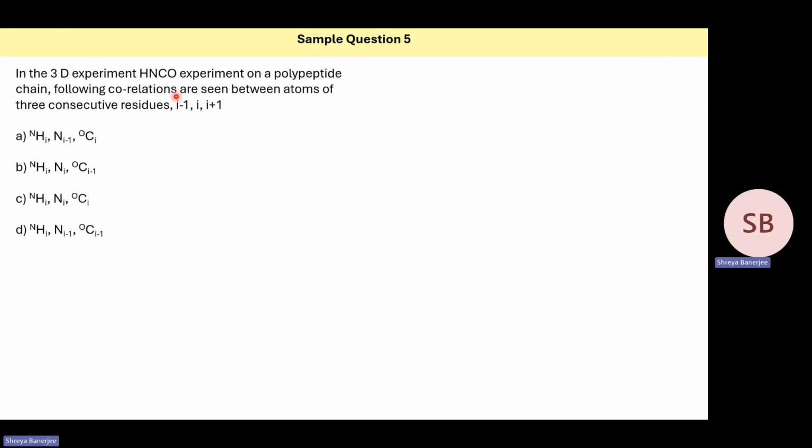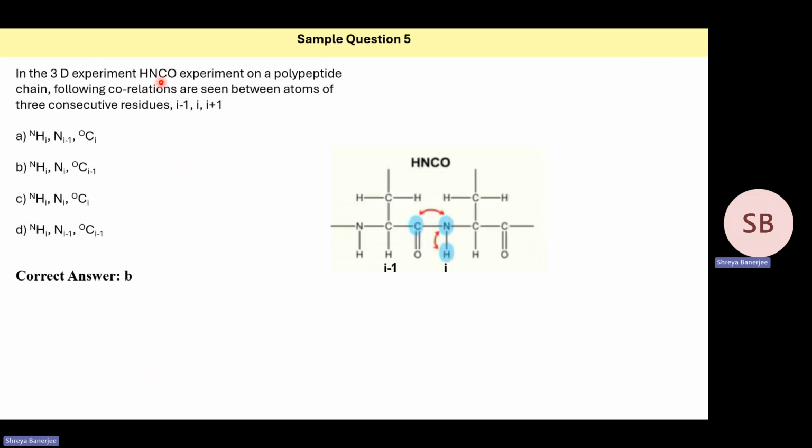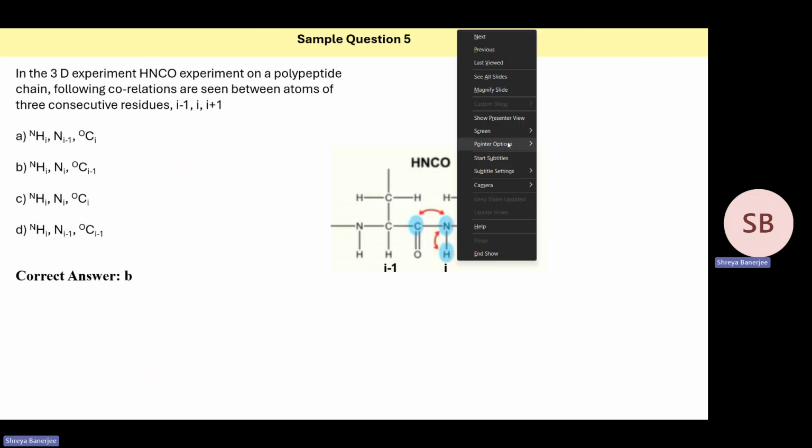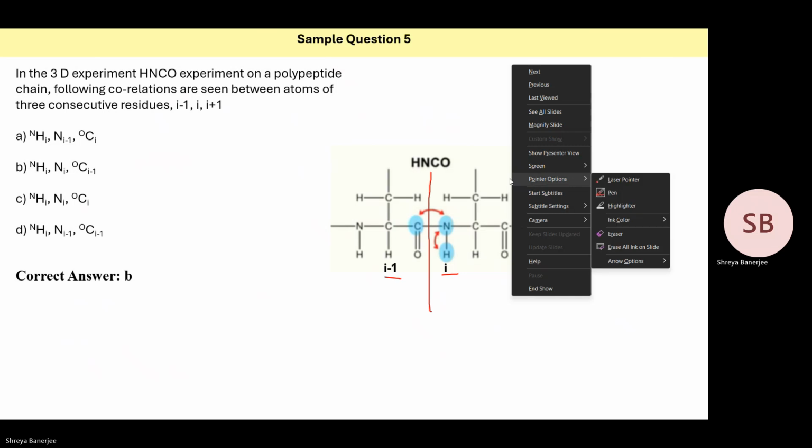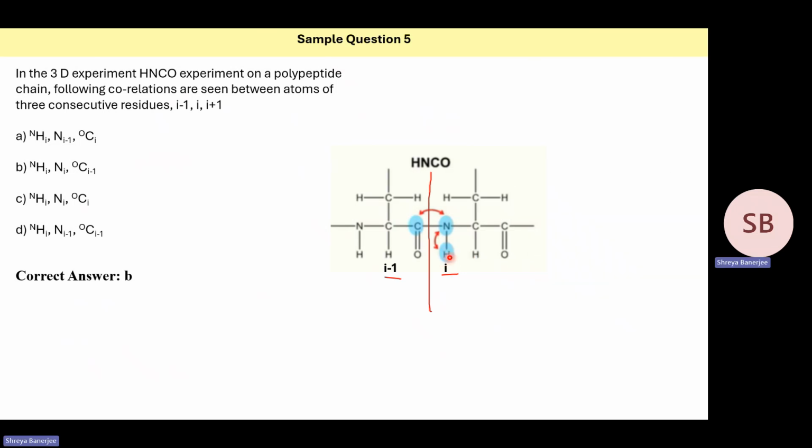Then you have a similar question asking about the HNCO experiment. In the HNCO experiment, you start again. This is the i residue, this is the i minus 1 residue. So you start from the amide hydrogen of the i residue. Magnetization is transferred to the amide nitrogen of i, or Ni, and then the magnetization is transferred to the carbonyl carbon of i minus 1, or CO i minus 1.